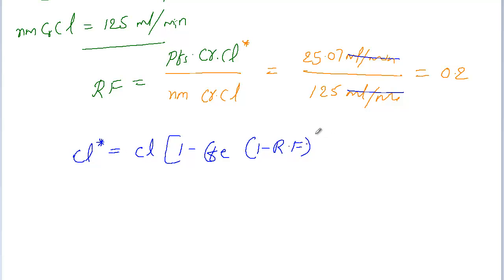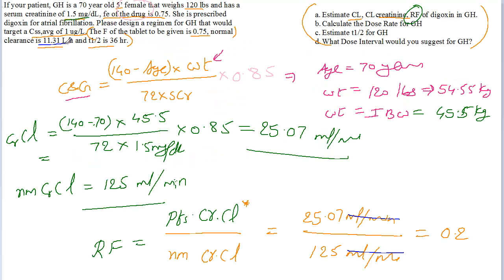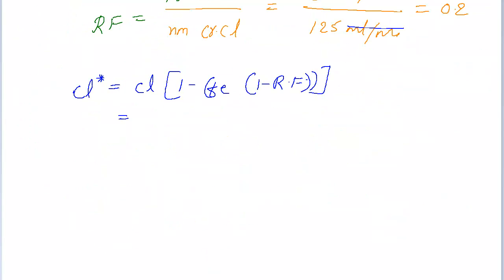So let's plug in the values here. The clearance in the normal patient, which we already mentioned, is 11.3 liters per hour, times 1 minus the fraction excreted unchanged, 0.75, times 1 minus the renal function, which is 0.2.